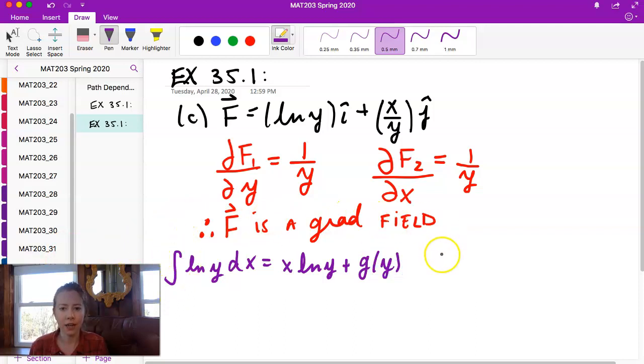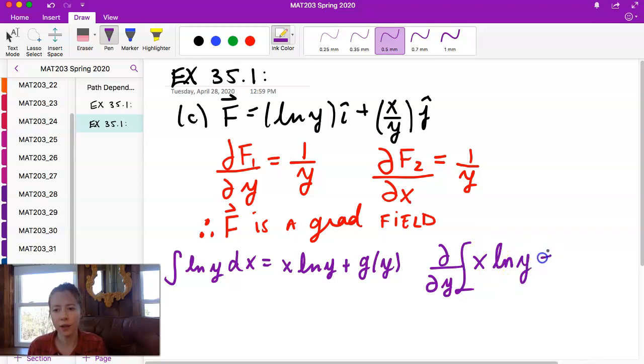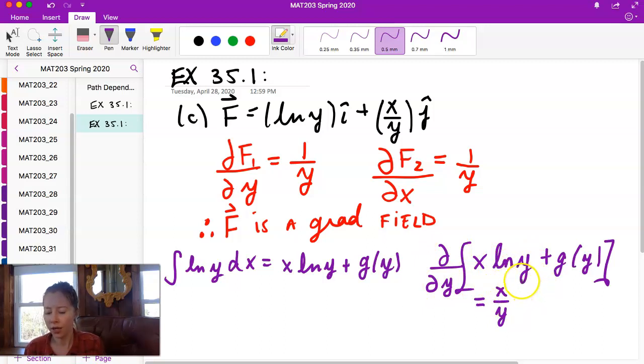Then if we take the partial derivative of this with respect to y, we get x over y, because the partial of the natural log of y over del y is 1 over y, times x, plus g prime of y.